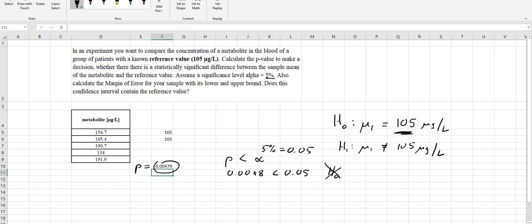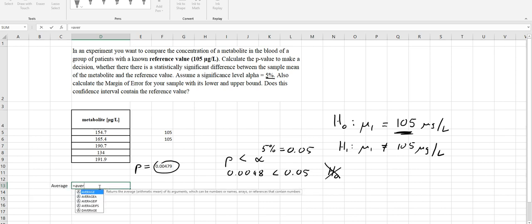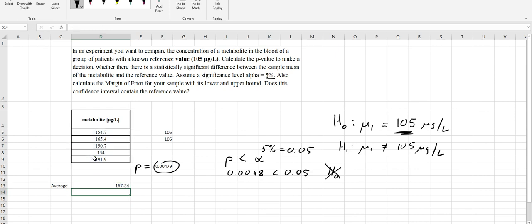Now let's quickly calculate a confidence interval for our sample here. So we calculate the average, or the mean, of our sample. We type equals AVERAGE, and Excel will come up with the right function. We highlight the cells. So here our average is 167.3, and very clearly this is not even close to our reference value of 105.